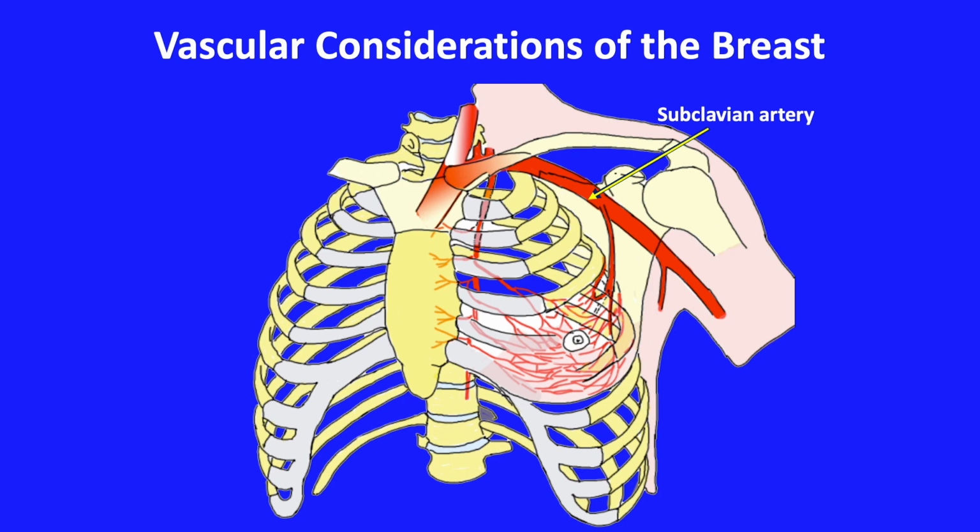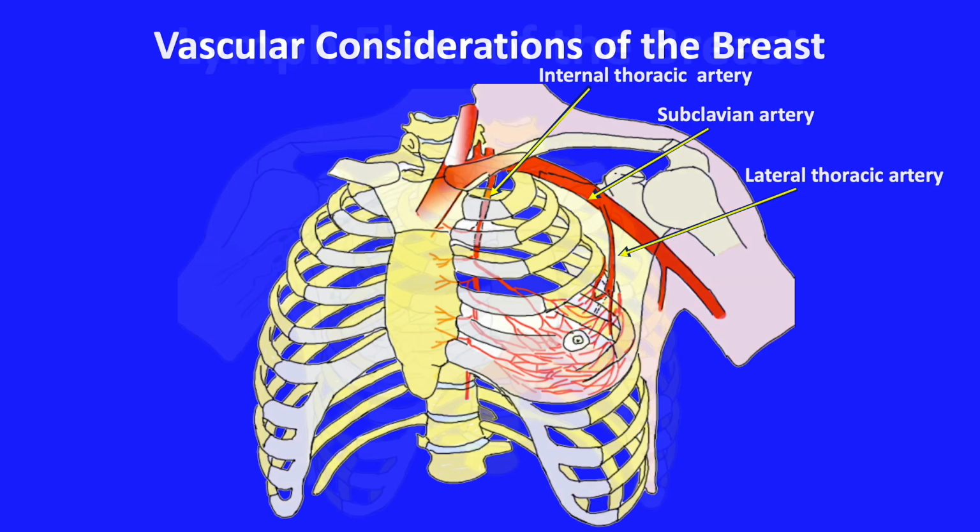The specific branches arising from the subclavian artery include the internal thoracic artery, also known as the internal mammary, and the lateral thoracic artery.